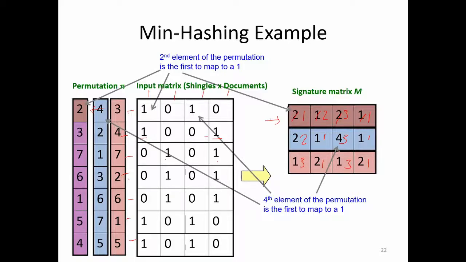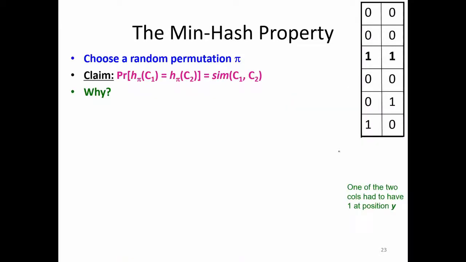Now the claim is that this particular min hash function has the property that, for any random permutation pi, the probability of h pi of c1 being equal to h pi of c2 is equal to the similarity between c1 and c2.